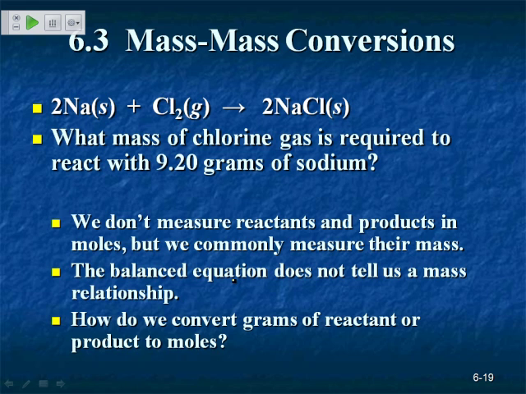We don't measure the reactants and products in number of moles, but we measure their mass. And the balanced equation does not tell us a mass relationship. The coefficients in the balanced equation give you only the mole relationship, not the mass relationships. So you cannot directly use the mole ratio on mass. The heart of the problem remains the same as what we have done so far, but we just have to add 2 side steps, one in the beginning, one in the end.